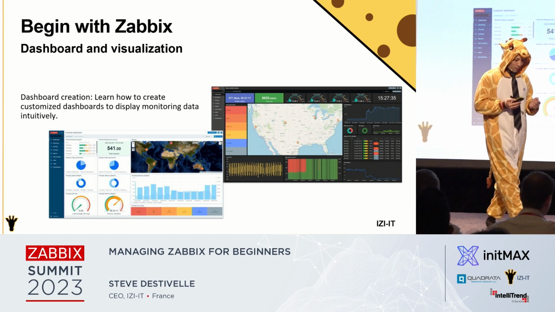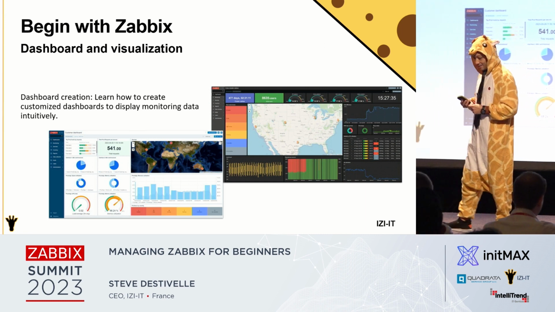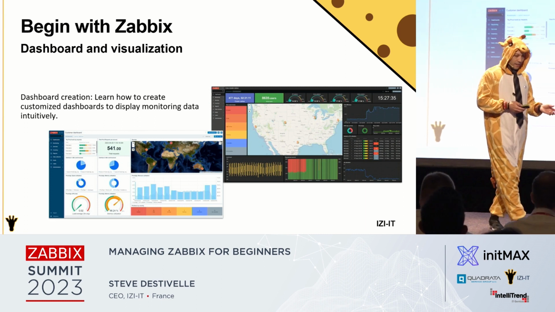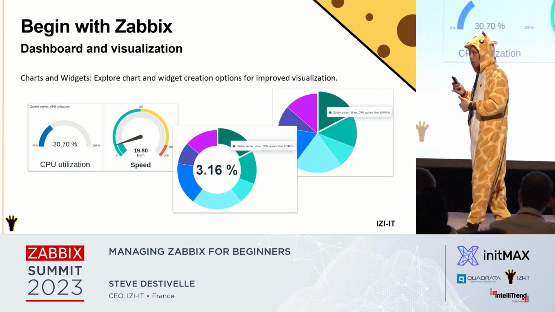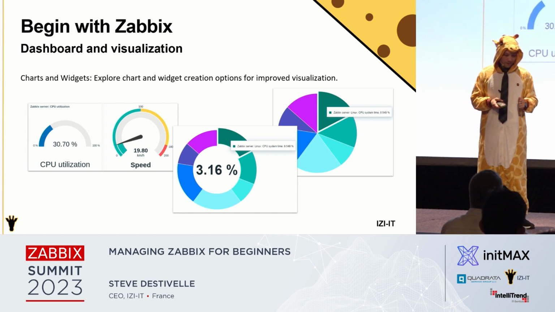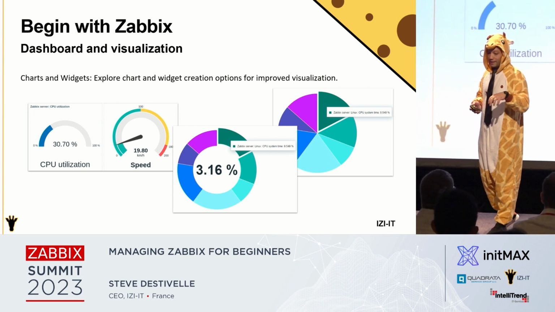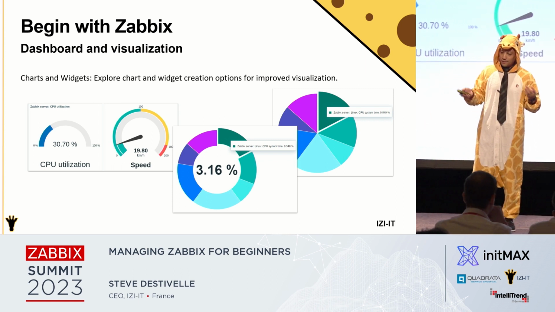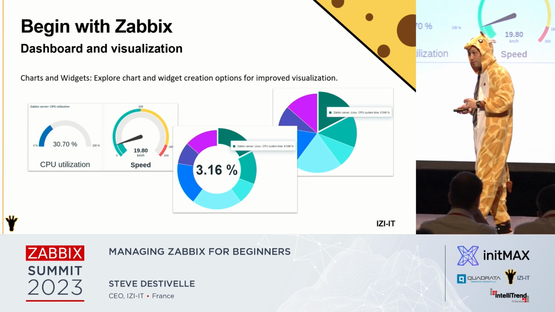And thanks to version 7.0 of Zabbix, the next LTS, we'll see a lot of improvement regarding usability and widgets, because we have charts, gauge, pie, and donuts that will improve our life and give a new vision of our dashboards, okay? And after that, you will be able to use this dashboard in reporting, or on a television, for example, that you put on a desk or on a TV.